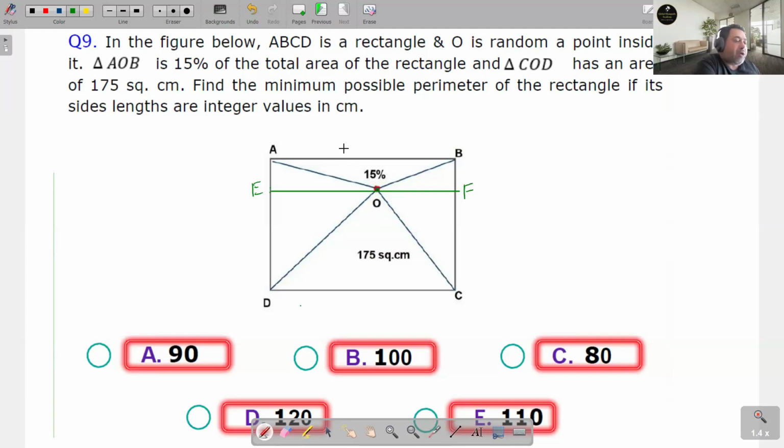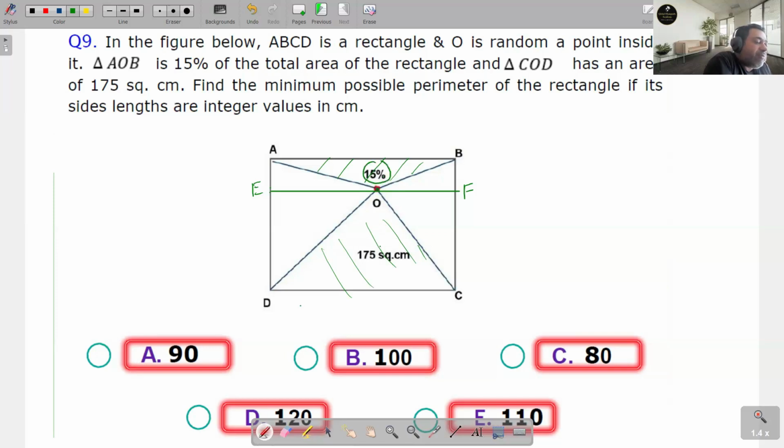Now you know that this triangle will be half of the top rectangle. The bottom triangle here is going to be half of the bottom rectangle here, and therefore their sum will be half of the whole rectangle, which means that the total sum of these two triangles will be 50% of the total rectangle.